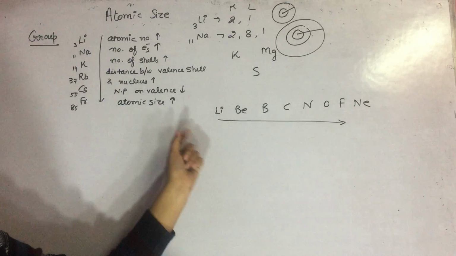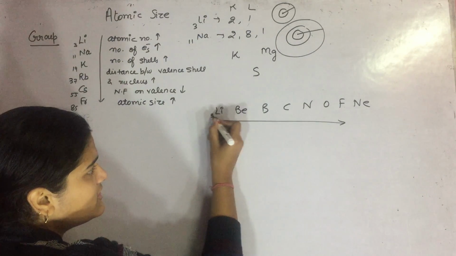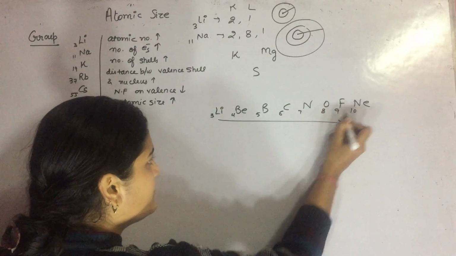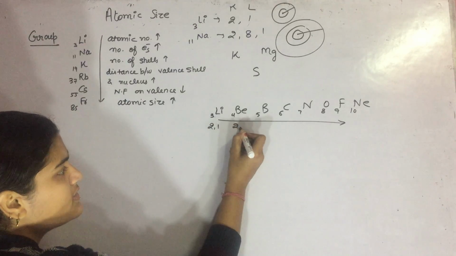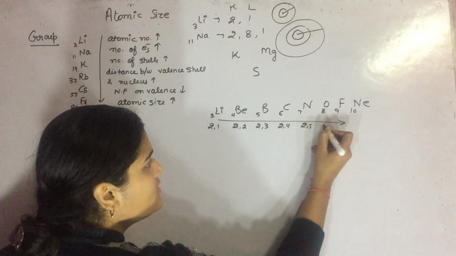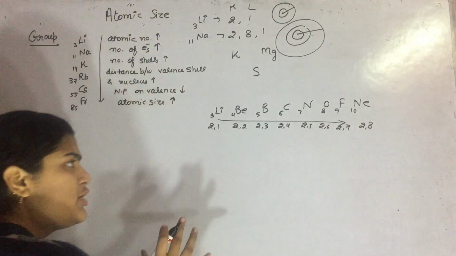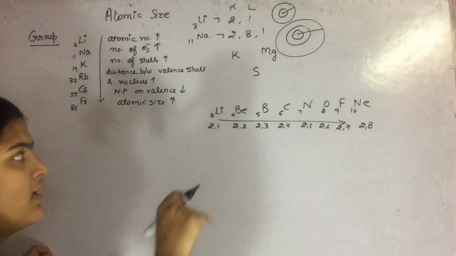If we observe it throughout the period, then we'll see that the atomic numbers are 3, 4, 5, 6, 7, 8, 9, 10. So the configurations are 2, 1; 2, 2; 2, 3; 2, 4; 2, 5; 2, 6; 2, 7; 2, 8. What you observe is that the number of shells remains constant.